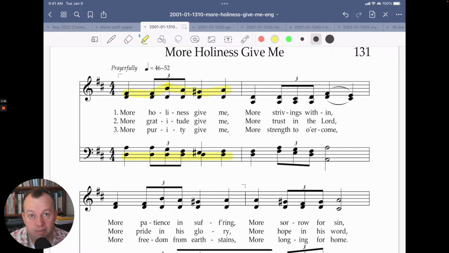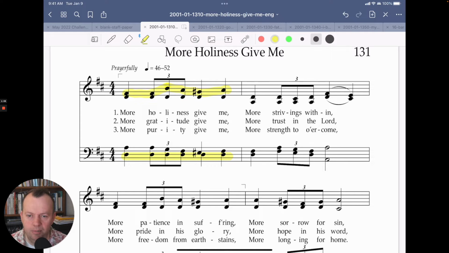I can't even think of a time they don't, and they are contrary motion and oblique motion. What we're going to look at in hymn 131 is an excellent example of oblique motion. So this is just one way to use motion to keep you out of harmony jail. There are others, because there are these other types of motion. But this hymn uses oblique motion beautifully.